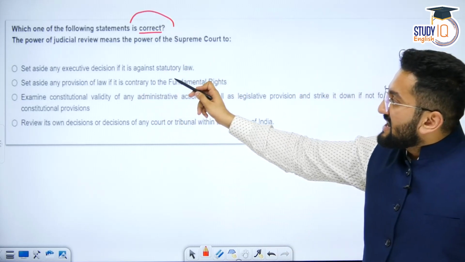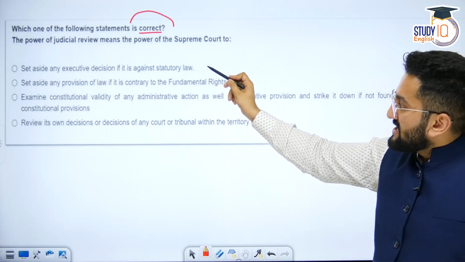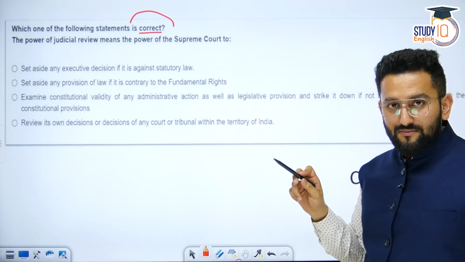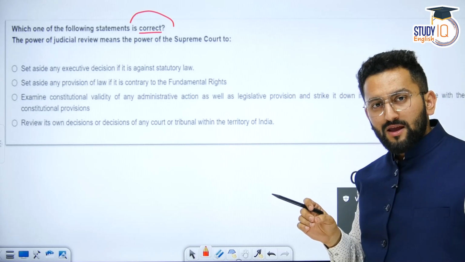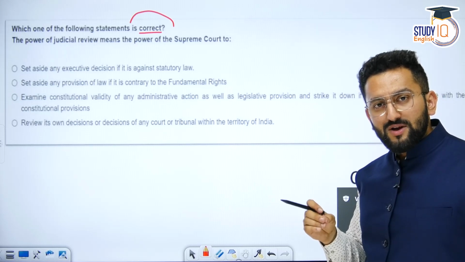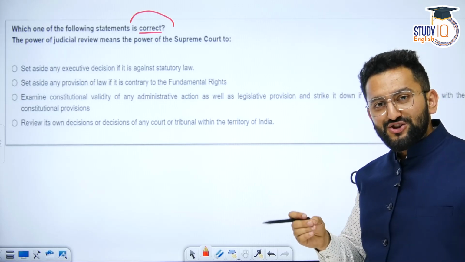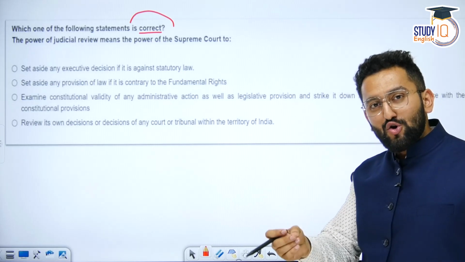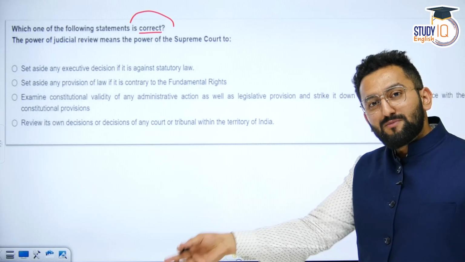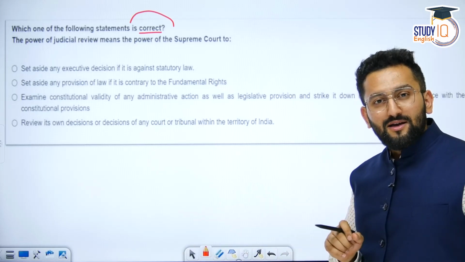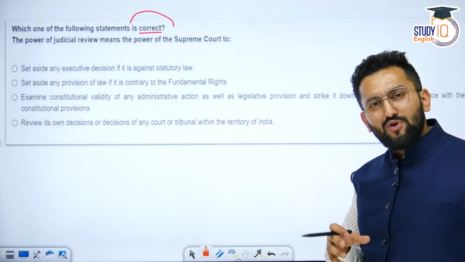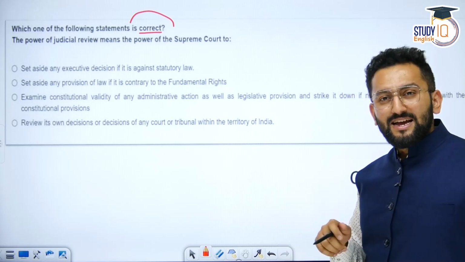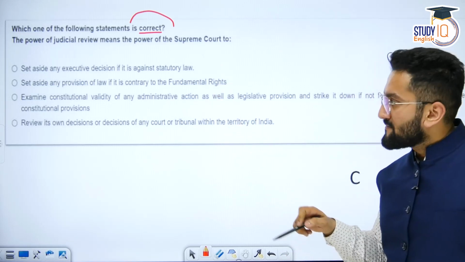Set aside any executive decision if it is against statutory law. Tell me, do you think judicial review is there to keep a check on subsequent laws, whether they are in consonance with the law which is made by the legislature? No. In judicial review, our focus is on constitutionality, not any law, right?